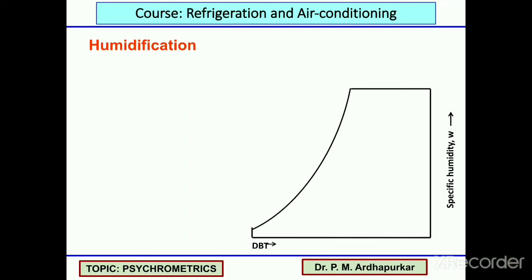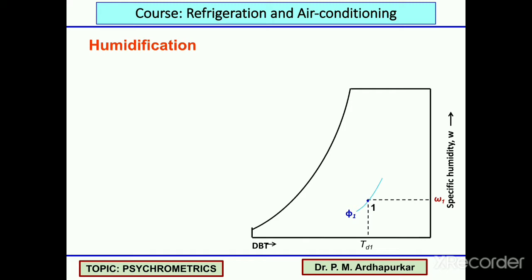Welcome back. Having understood sensible heating and sensible cooling processes, now come to the other two psychrometric processes, that is humidification and later we would see dehumidification. When there is only humidification of air, that would be constant dry bulb temperature.